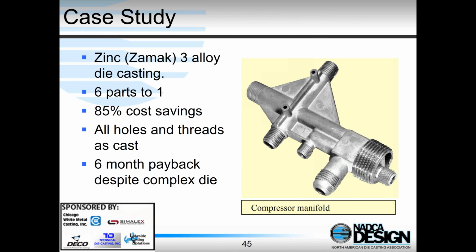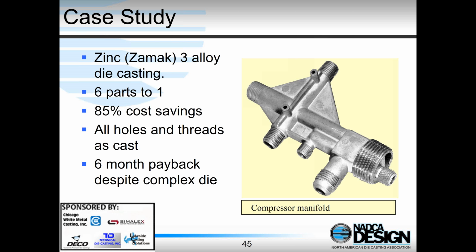So here's a quick example. This is a zinc die casting made of Zamak 3, and this was originally six parts that were consolidated into a single die casting. And in the first webinar, I think I gave some examples where the automotive people had consolidated 20 or 30 separate parts into a single die casting. So obviously, tremendous cost-saving potential here.